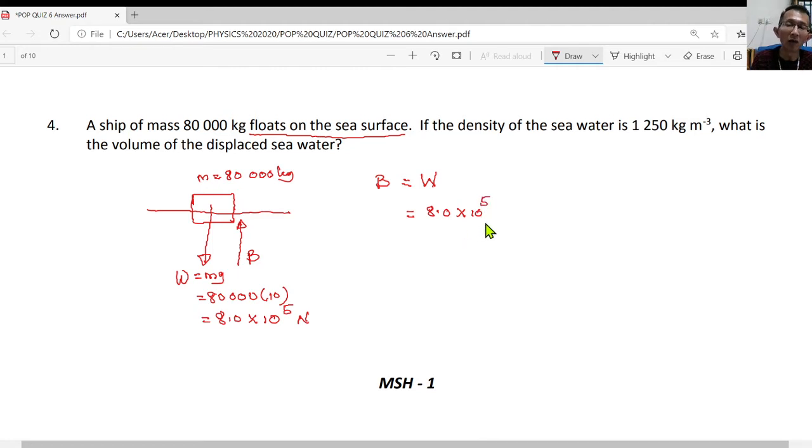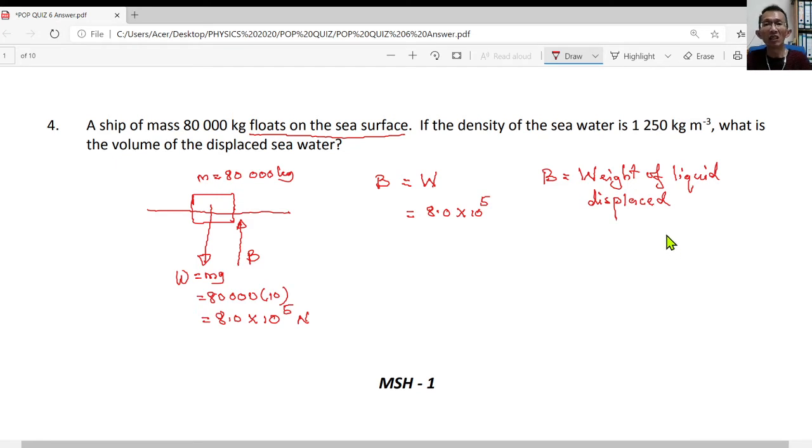What else do I know about this buoyant force? Buoyant force is also equal to the weight of the liquid displaced. Who said this? Remember, our Archimedes.